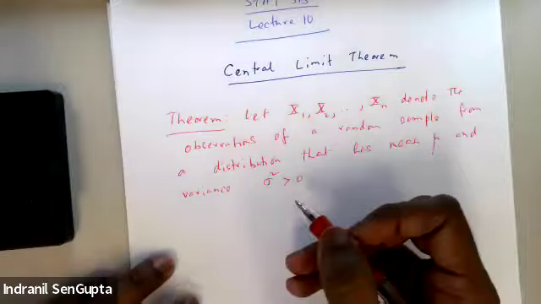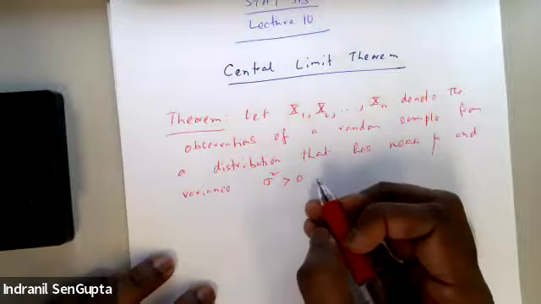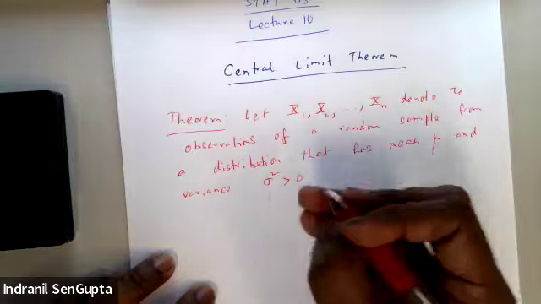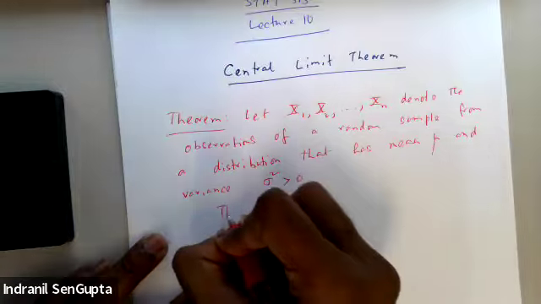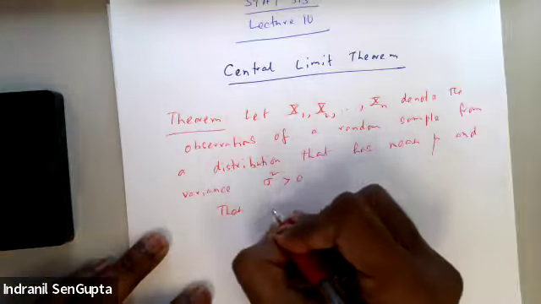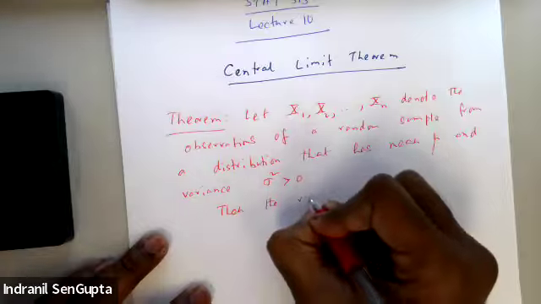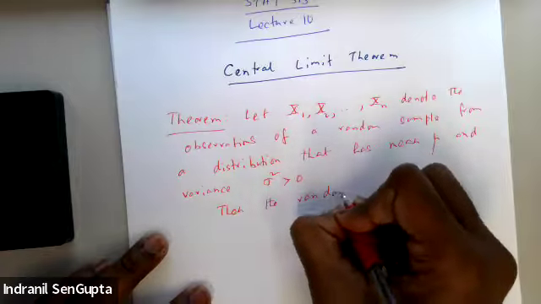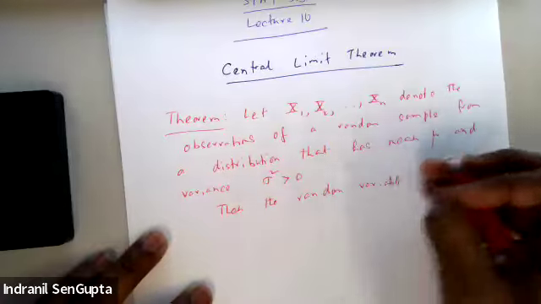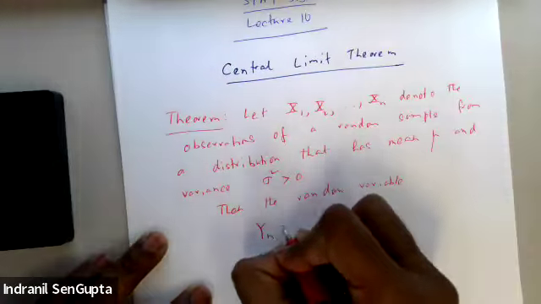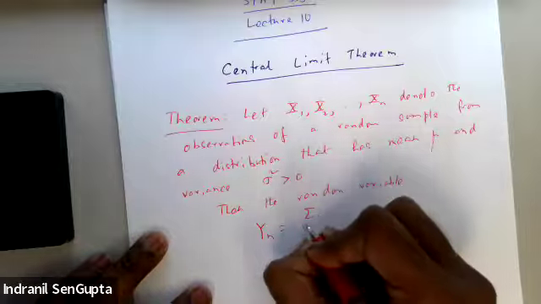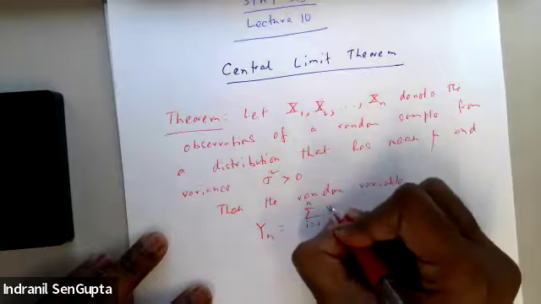So we are assuming that this variance is finite. Then the random variable Yn constructed by summation i from 1 to n of Xi.